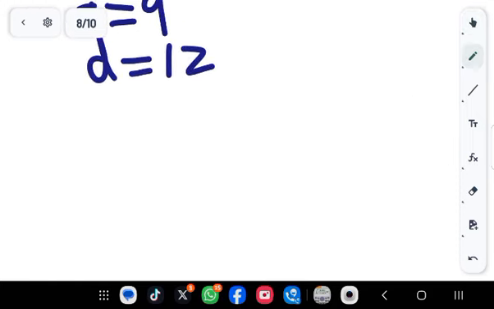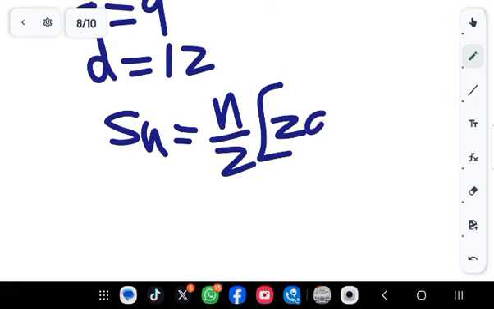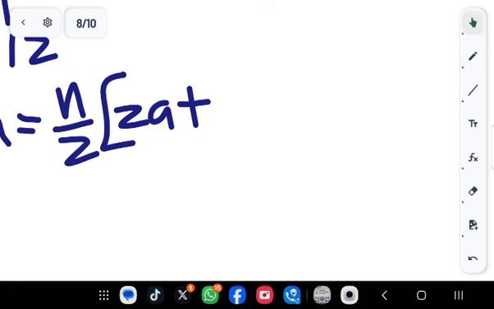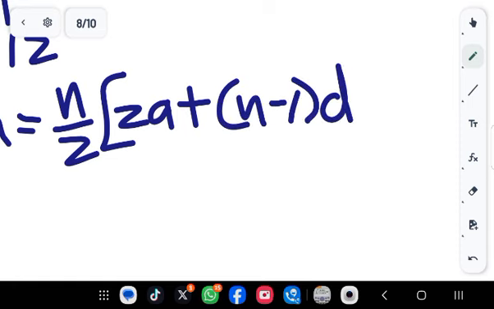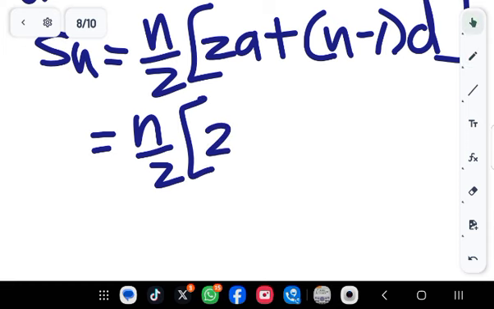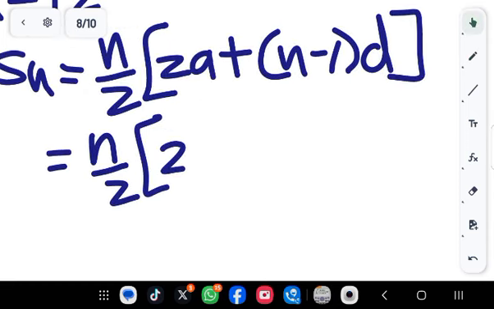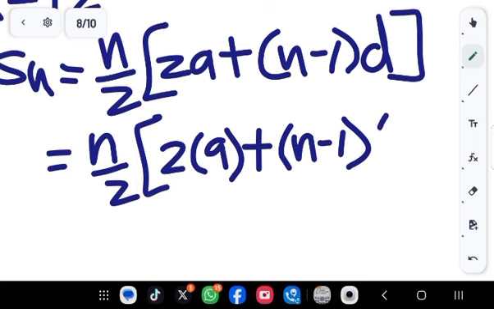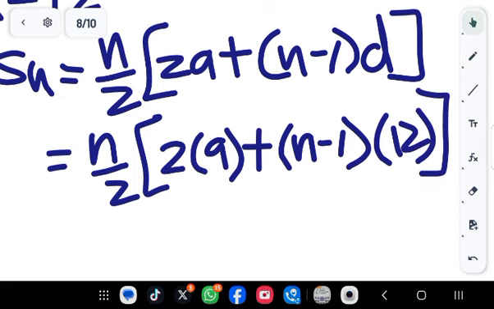The formula for the sum of the first n terms is n over 2 in brackets 2a plus in bracket n minus 1 times d. We don't know what the last term is going to be, so we use this formula. So that will be n over 2 in bracket 2 times 9 plus in bracket n minus 1 times 12.